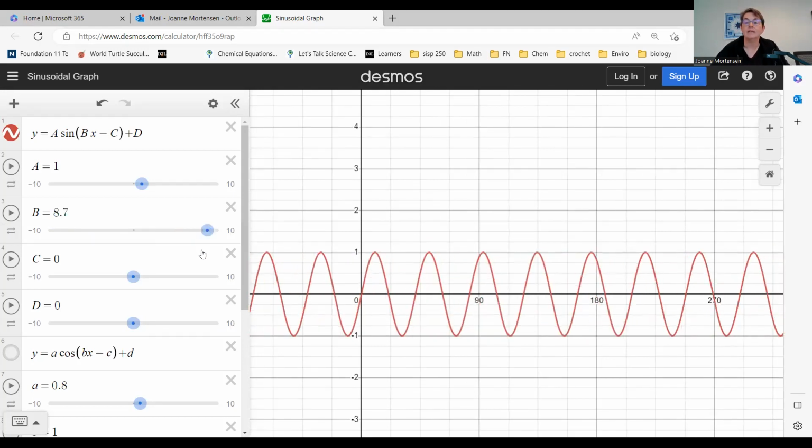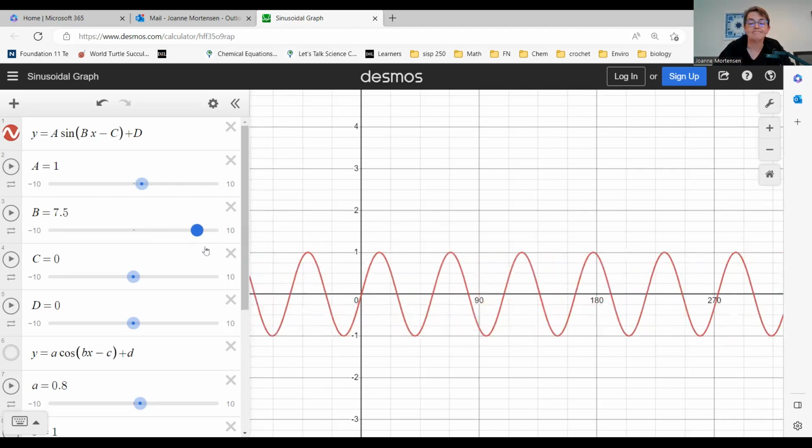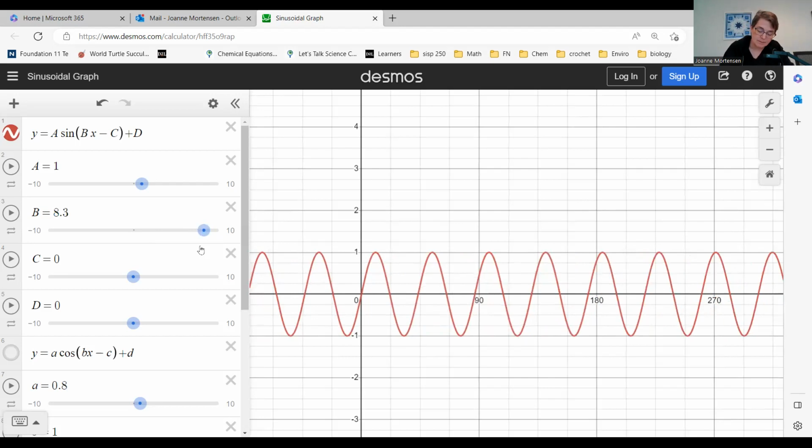There's boundaries and it's stuck within that boundary. So amplitude, not changing. As we mess around with this, the maximum is not changing. Neither is the minimum. But the period sure is, and not the midline, because our midline is remaining at 0.